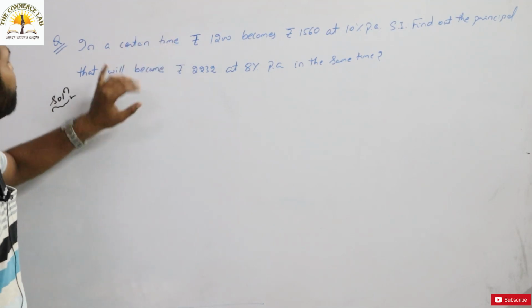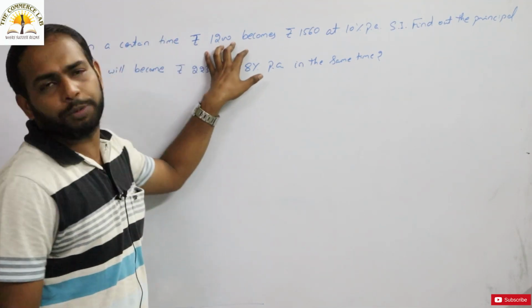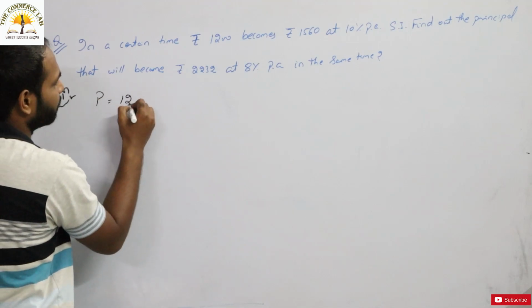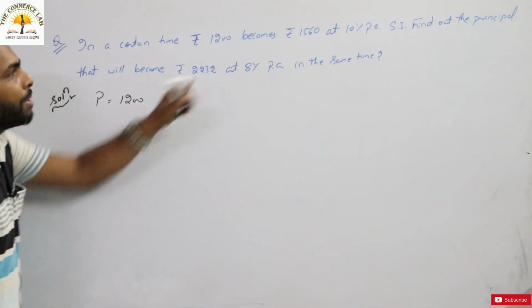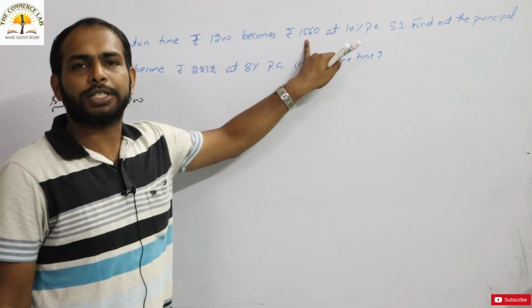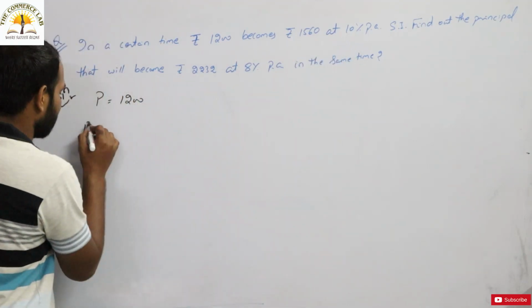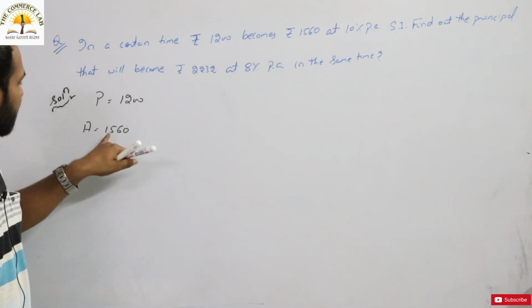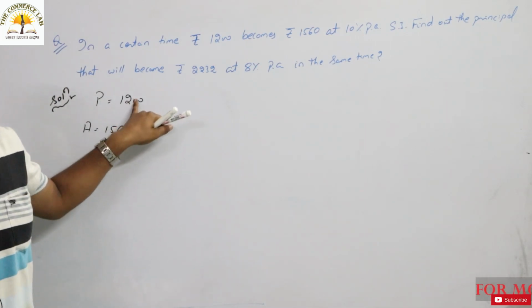Here what is given, in a certain time 1200 rupees becomes, so first write down the data. P equal to 1200 rupees becomes 1560 rupees. That means this one is the amount. Why is this one the amount? Because the amount is greater than the principal.